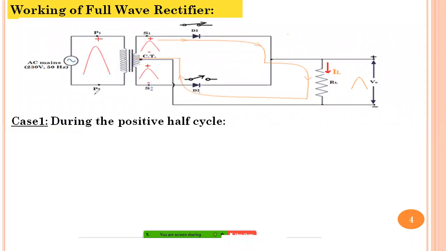P1 is at positive and P2 is at negative potential. The same polarity applies for the secondary voltages across S1, CT and S2.